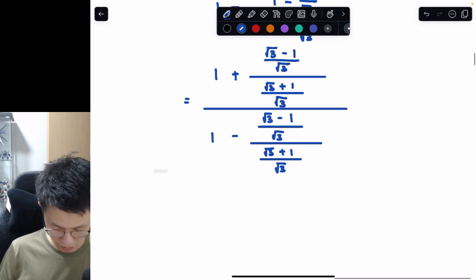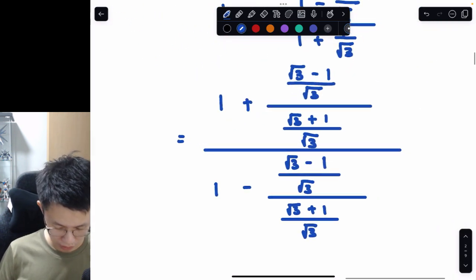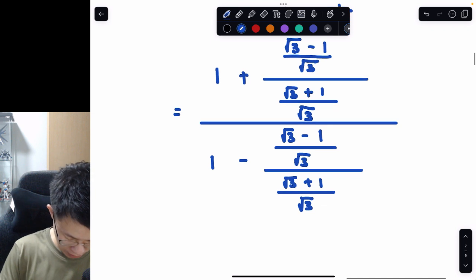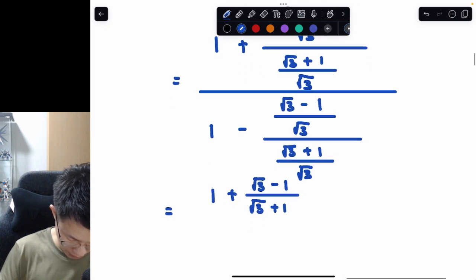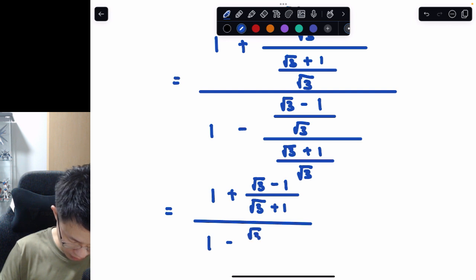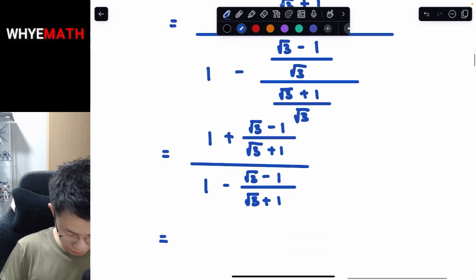Okay, this is a bit tedious, really very tedious. You see that my answers are pretty long. Now from here, we can deduce that this is actually just square root 3 plus 1 plus square root 3 minus 1 divided by square root 3 plus 1, and the bottom is almost the same. Again we make the fractions the same.